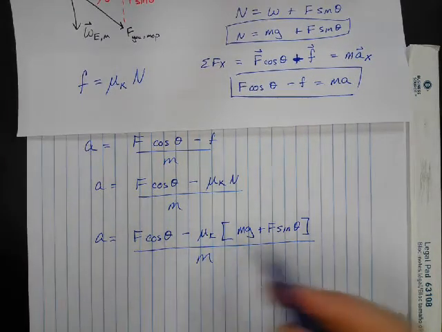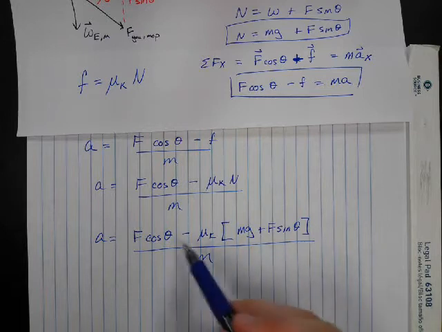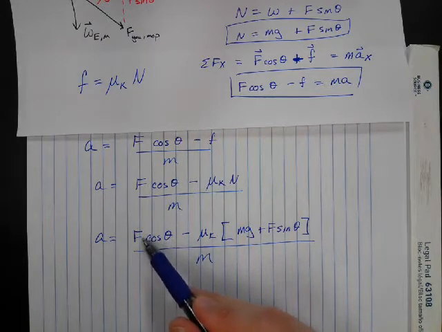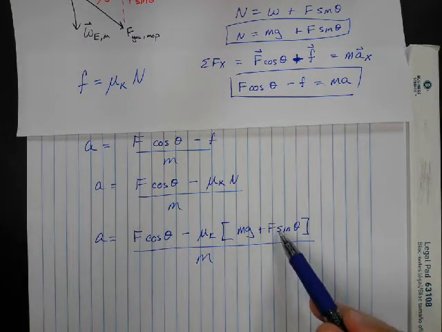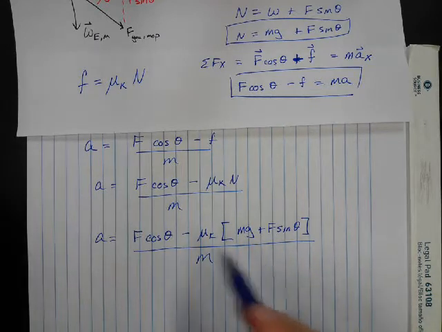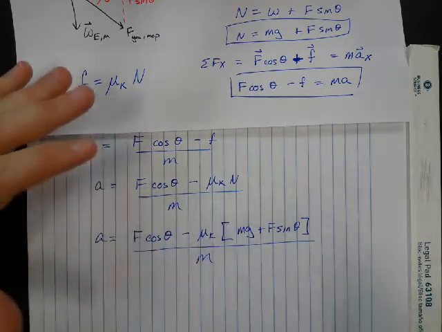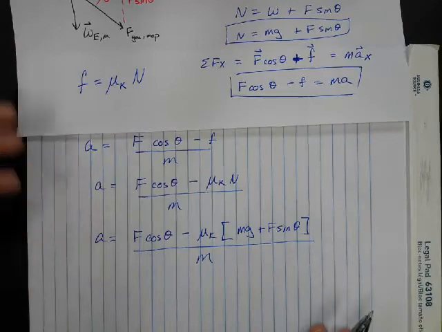And we can't cancel the mass out everywhere because the applied force doesn't depend on the mass. So we're just going to have to, at this point, plug and chug.